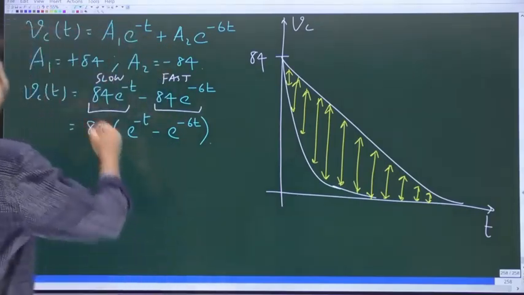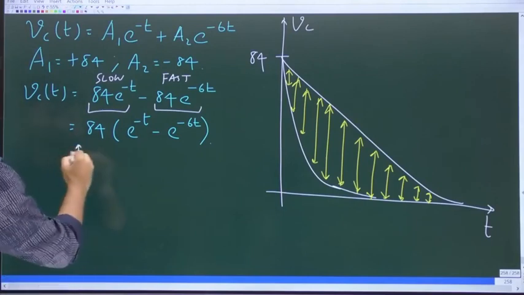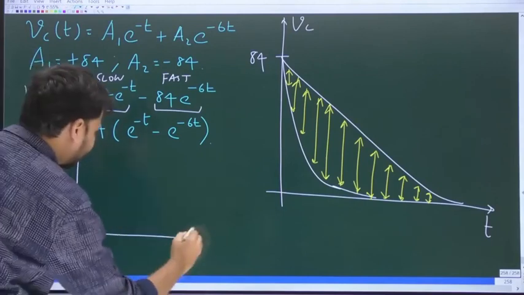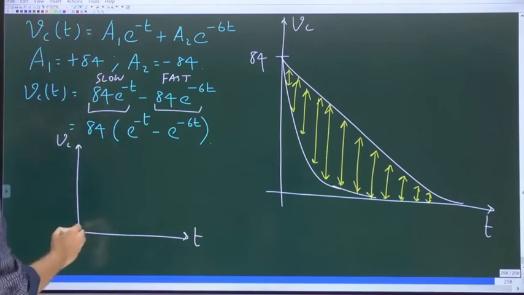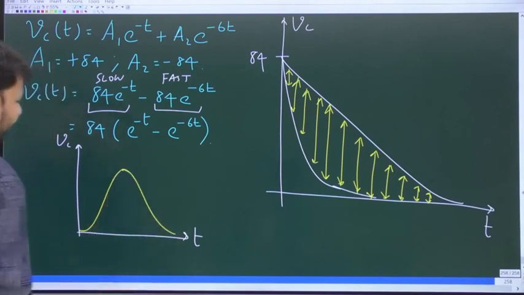So what is the waveform for Vc of t? Vc versus t. At t equal to 0, the difference is 0. So from 0 it will reach a maximum value, then again it will decay to 0. That's all.